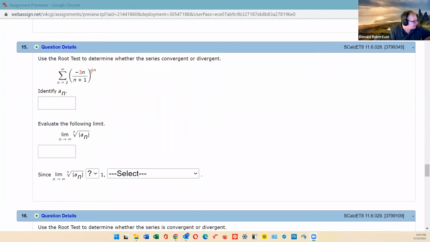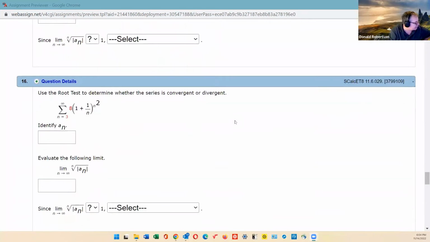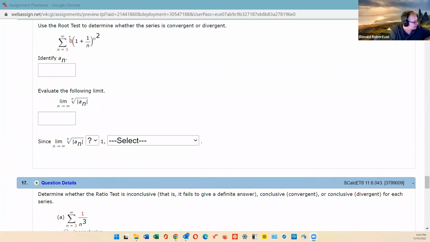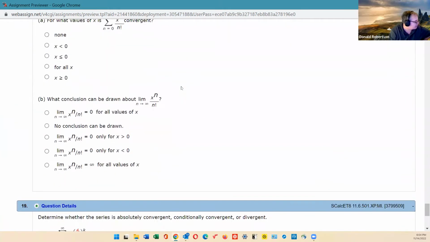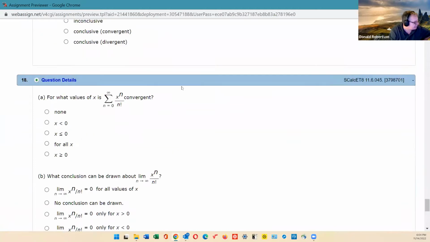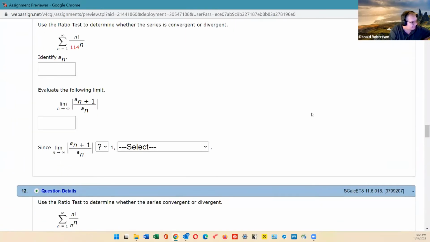Ugly fraction raised to the power of 6n, 4n, n squared, 2n squared, right? Ugly fraction to a weird power, and that power has n in it, or n squared, or 2n, then it's an nth root test. See this guy here with n squared in it? Nth root test. And these just go on to talk about the other stuff.